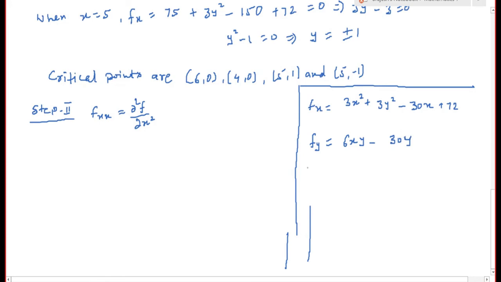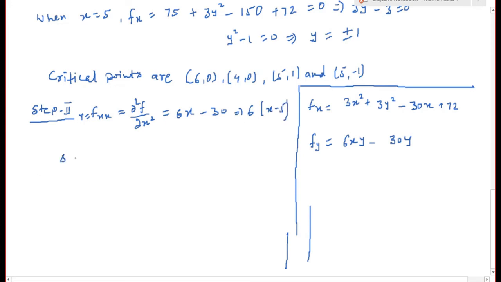To get the second order derivative, r is f of xx, that is del 2f upon del x square. So it is a partial differentiation of fx, and you get 6x minus 30, or you can say 6 into x minus 5.